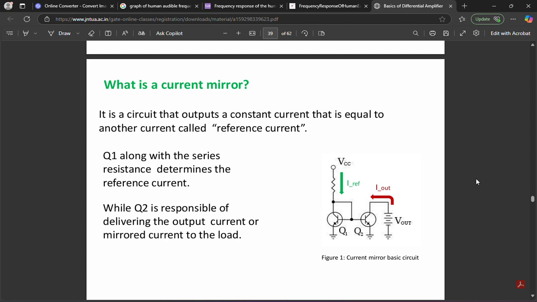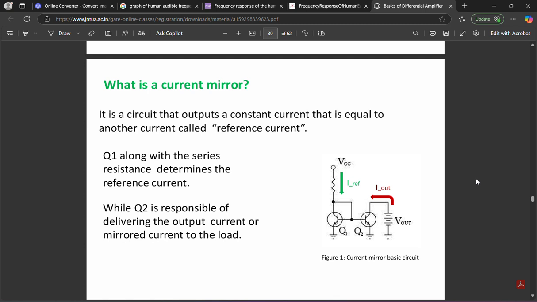Basically, these biasing circuits are variable, and the Q point may change in position across the load line due to the change in the biasing levels. So due to this, there is a need for a constant current source. That is where constant current sources or current mirror circuits come in.